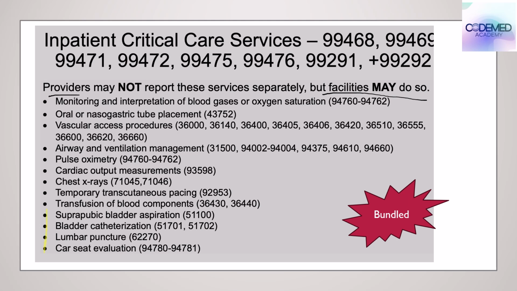These four are not part of the outpatient critical care services, but they are part of the inpatient critical care services. That's the only difference, but most of the codes are somewhat similar to the outpatient. These are the bundled codes, that means the services are included in these codes.